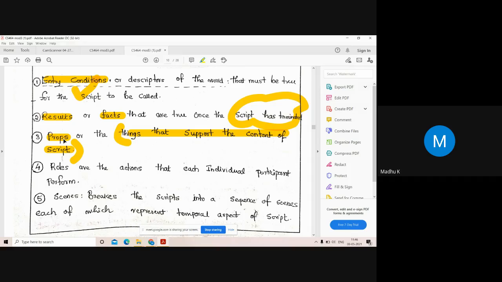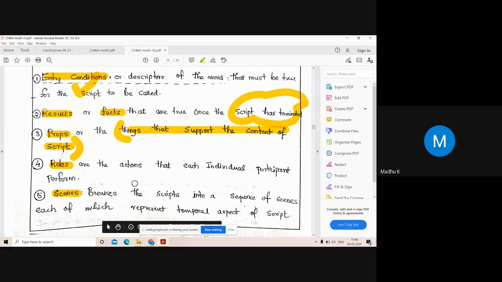Similarly, roles are the actions that each individual participant performs. Another component is scenes, which break the script into a sequence of scenes, each of which represents a temporal aspect of the script.